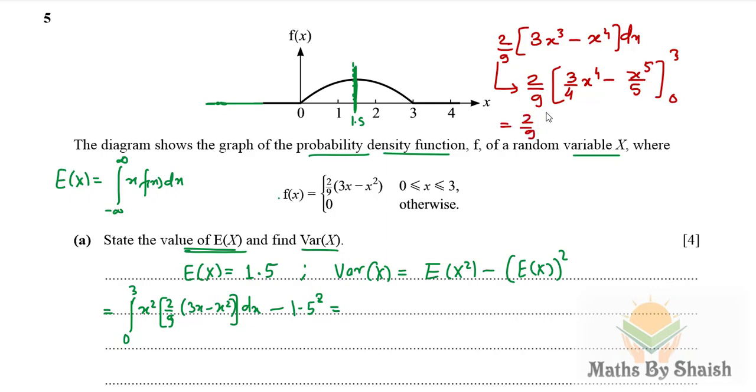So it is 2 over 9 times 3 by 4 times 3 power 4, that is 81, minus 3 power 5, which is 243 over 5, and the lower limit is 0 anyway. So this value is going to be, we will multiply, you can see 9 times here, and if we multiply here 9, that is 27. So it becomes 3 by 2 into 9 minus 2 by 5 into 27.